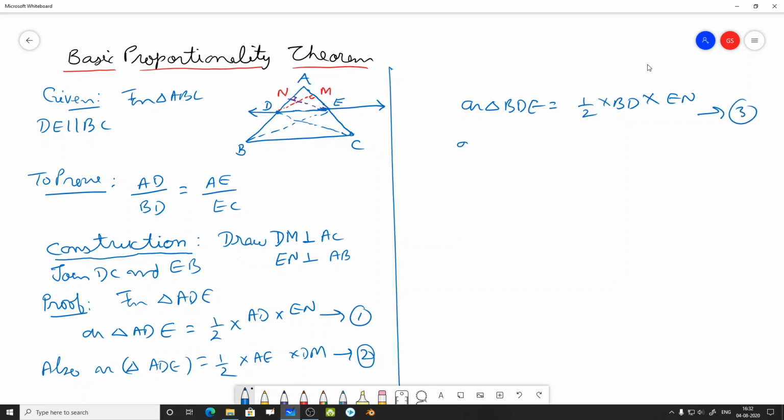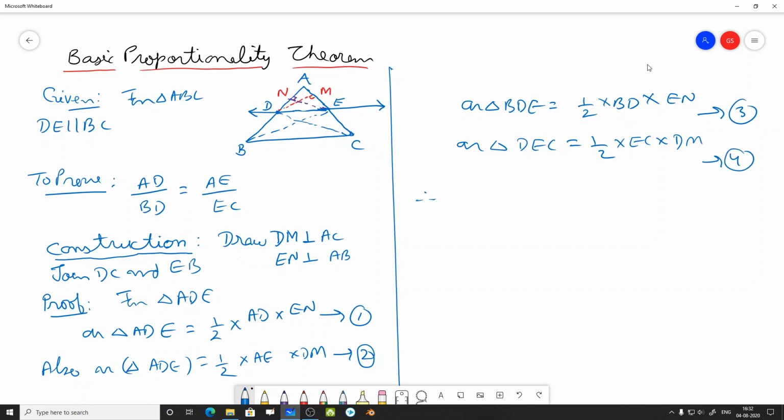Now let us also find the area of triangle DEC, area of triangle DEC equal to half into, for that we can take EC as the base, half into EC into, and we can take DM as the height, so into DM, and so this will be our equation number 4th one.